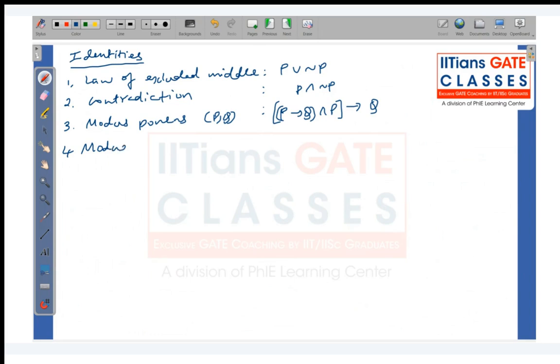Next comes modus tollens. You can think of this as a contrapositive kind of thing. P implies Q, and I know that Q is false. Okay, this means that P is also false, because true cannot imply false.